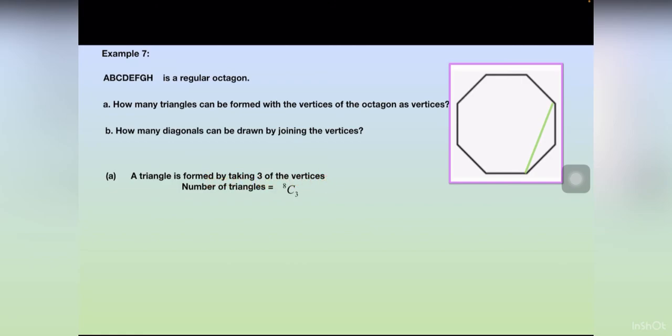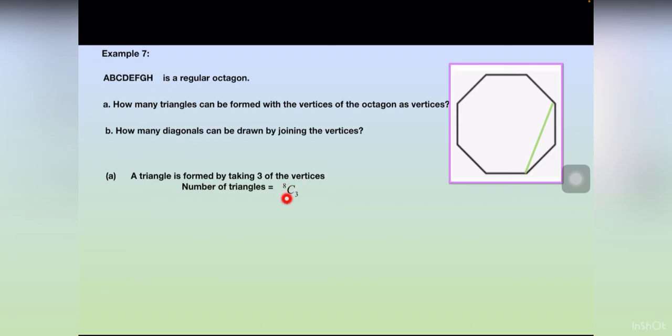So you have 1 vertex, 2 vertices, 3 vertices of the octagon as the vertices of the triangle. Altogether we will have 8 vertices, 1, 2, 3, 4, 5, 6, 7, 8, of the octagon.